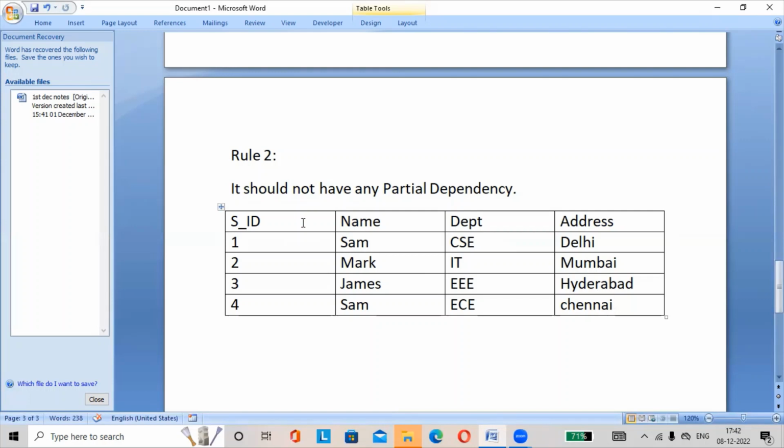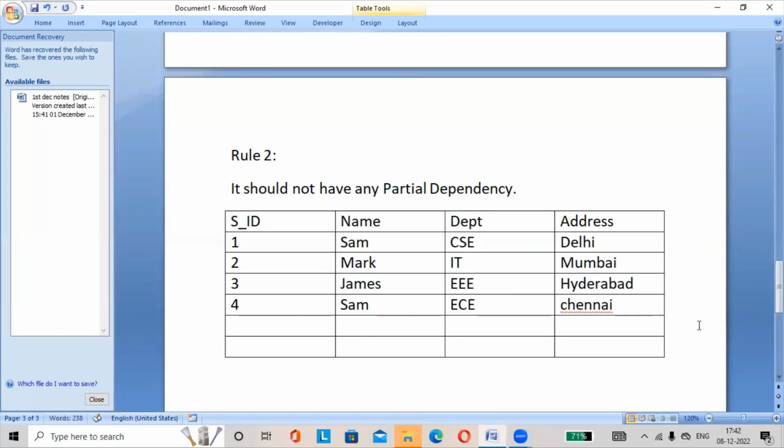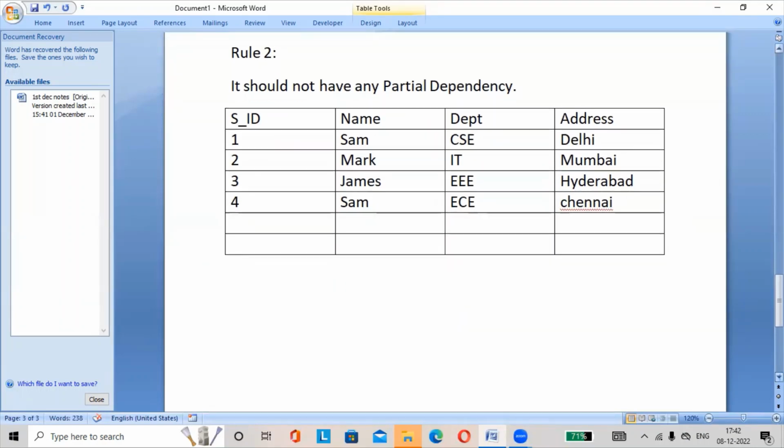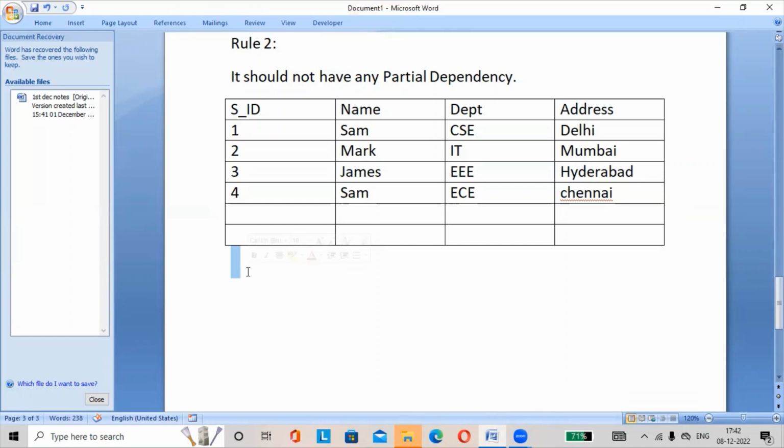So this is known as what? Dependency. What is the meaning of dependency?